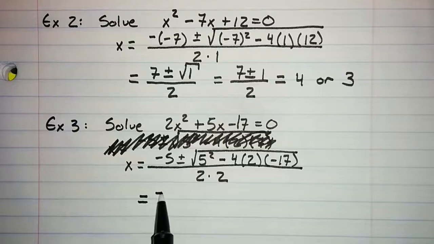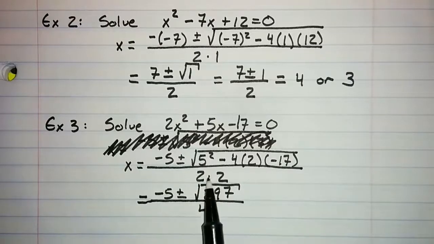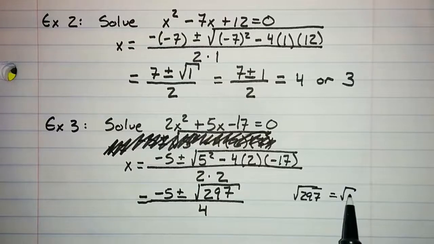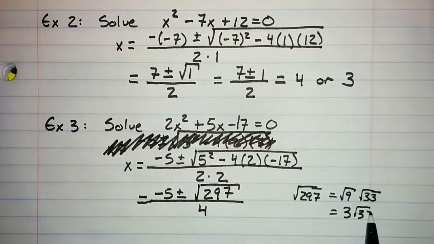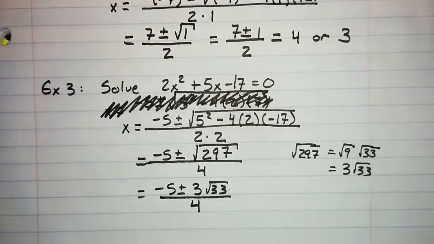When I work out this arithmetic, negative 5 plus or minus the square root of 297 over 4. This simplifies a little bit. 297 turns out to be 9 times 33. So this is 3 root 33. But these solutions all have square roots in them. There are two solutions, but they're both kind of unpleasant decimals.